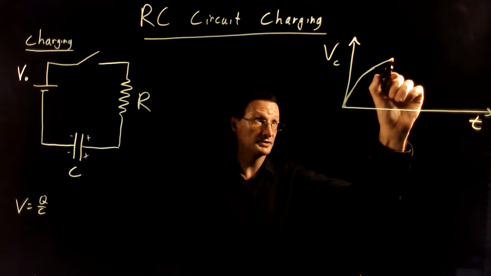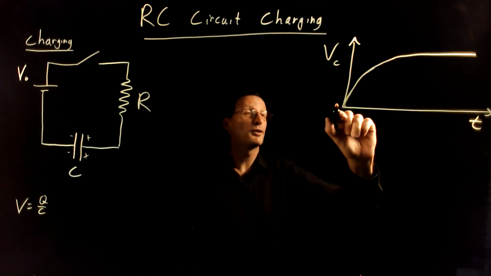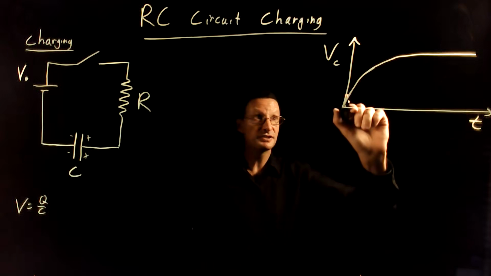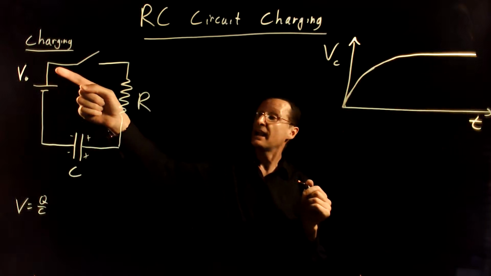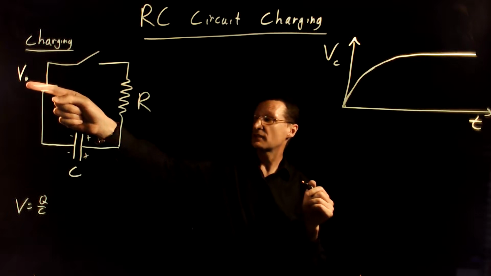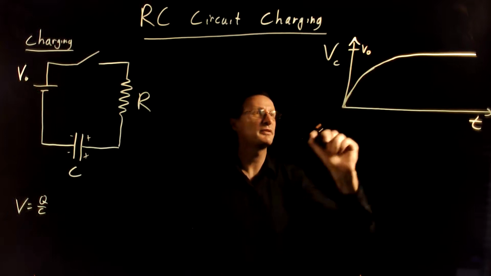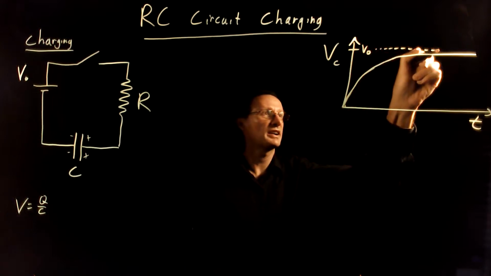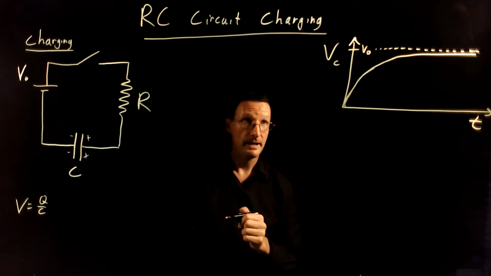Eventually you just can't get any new charges to go on there. And so over a long period of time, eventually no more current will flow. And so the voltage across the battery will be the same as the voltage across the capacitor. So this will asymptotically approach V0, the voltage across the battery.